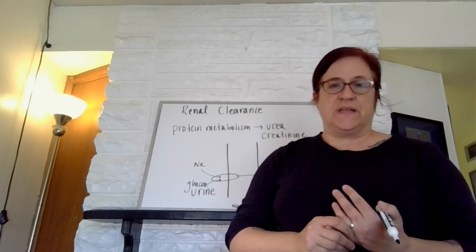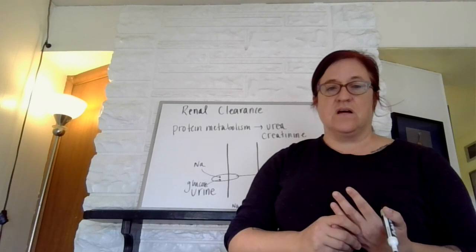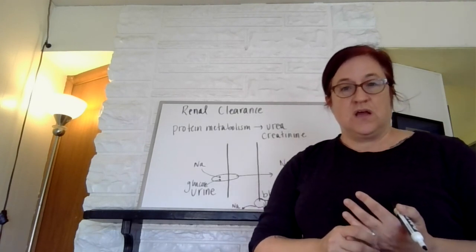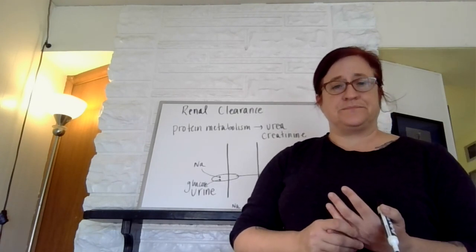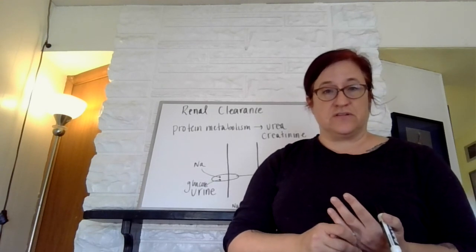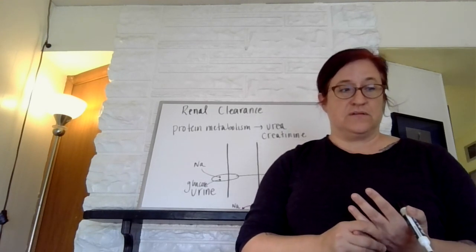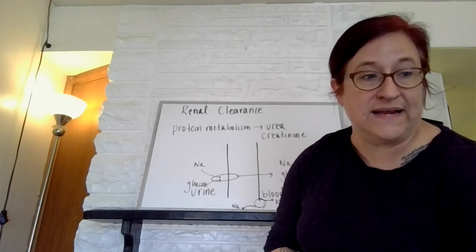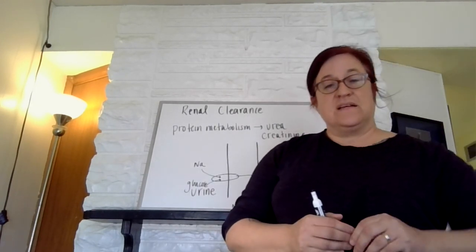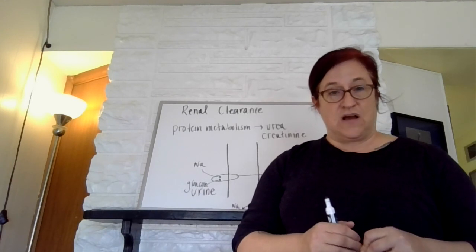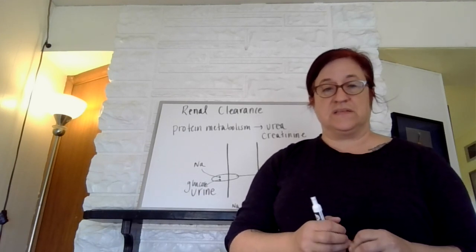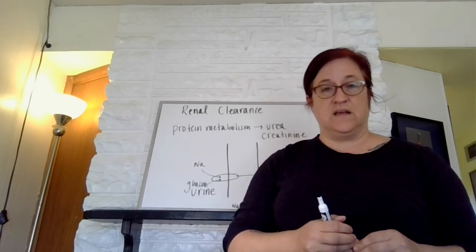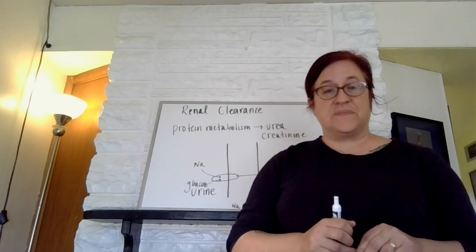So typically we talk about the renal clearance of protein metabolism, urea and creatinine, as a way to measure the function of the kidney, which we'll talk about when we're discussing what the BUN and creatinine is. Because if protein is broken down, the byproducts are urea and creatinine.